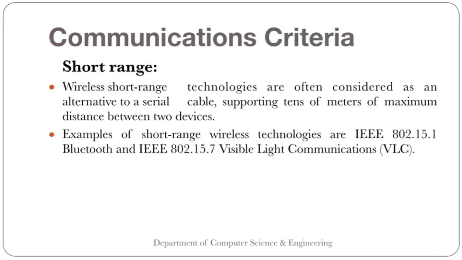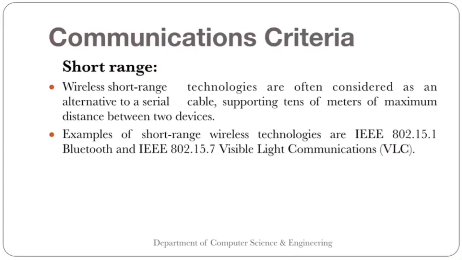In this range we have short range. Wireless short range technologies are often considered as an alternative to serial cable, supporting tens of meters of maximum distance between two devices. If the distance is less, it is usually connected with a serial cable, so this short range technology will replace the serial cable.